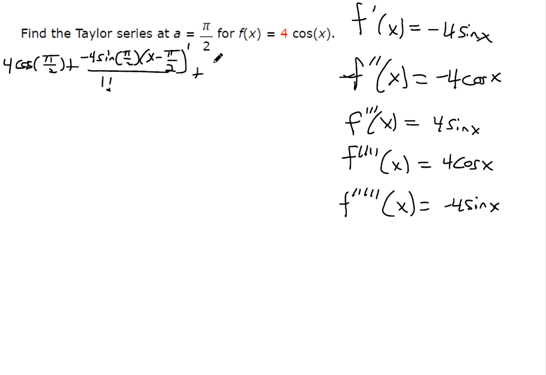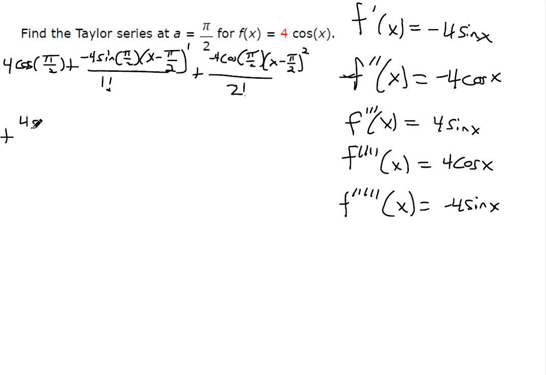And then plus the next. So the next derivative is negative 4 cosine pi over 2, and it's x minus pi over 2 squared over 2 factorial, and then it's plus, what are we on, the third derivative?